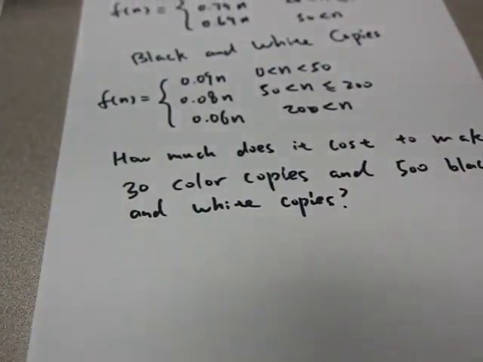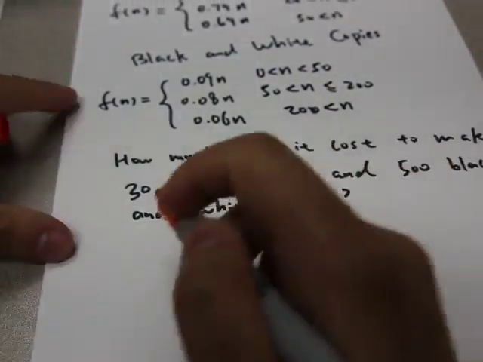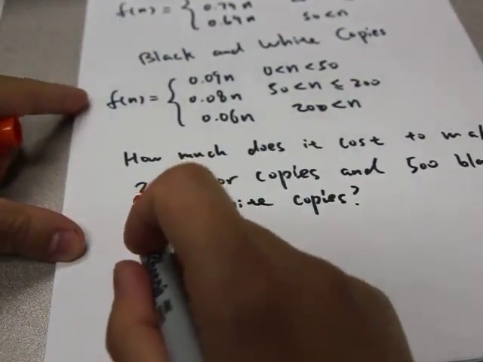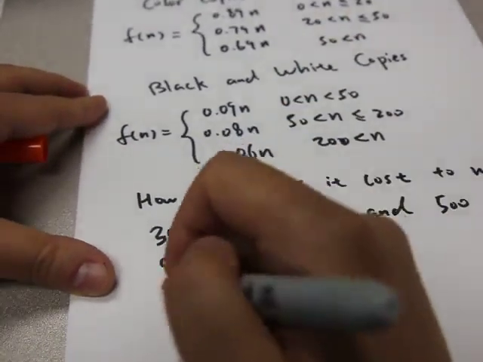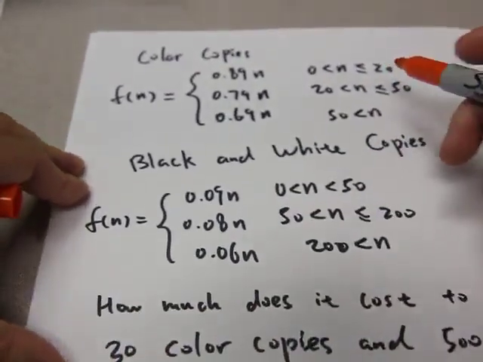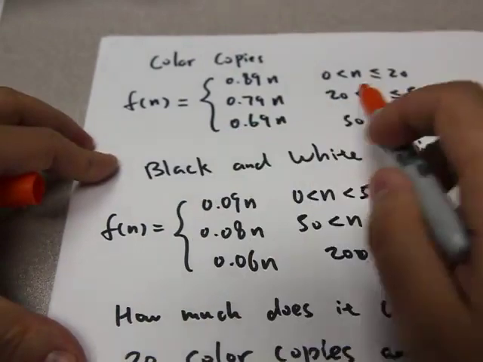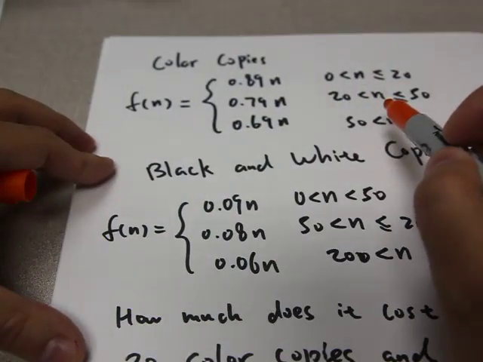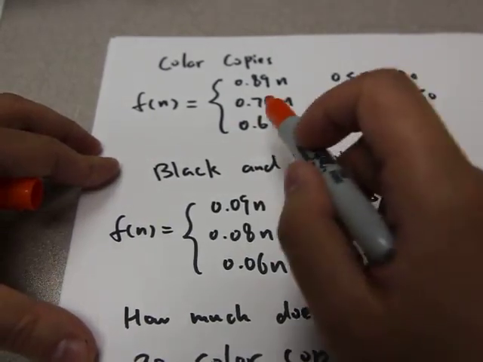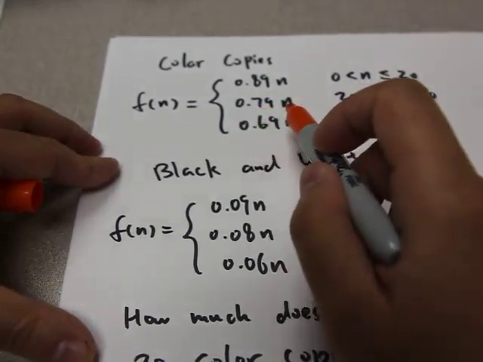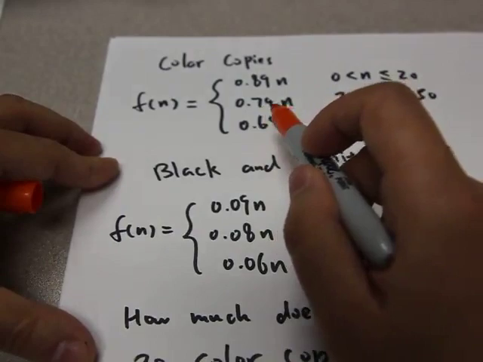Because we're going to make 30 color copies, that means n is 30, and we go back to this function. If n is 30, n is between 20 and 50. So every copy is charged 79 cents.